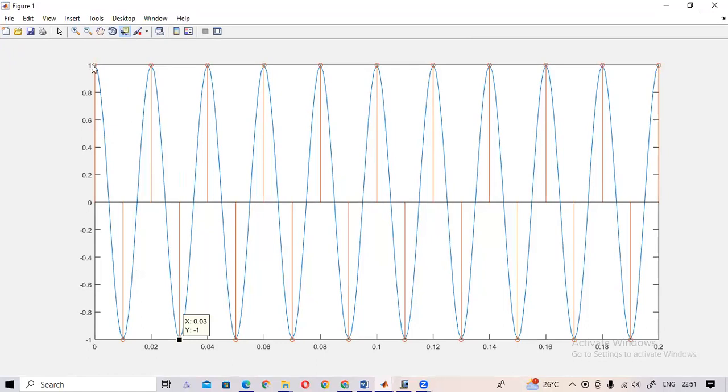When the frequency is doubled, you can see that here we have one sample and here we have one sample like this. So if you reconstruct this signal using the digital to analog converter, you will get this kind of signal.